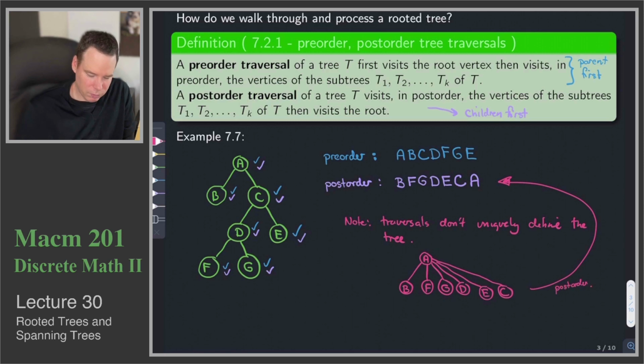So we can have two different rooted trees that give rise to the same traversals. So they don't uniquely define it. That's just something to keep in mind. But it is a way to go through and process all of the vertices on a rooted tree.